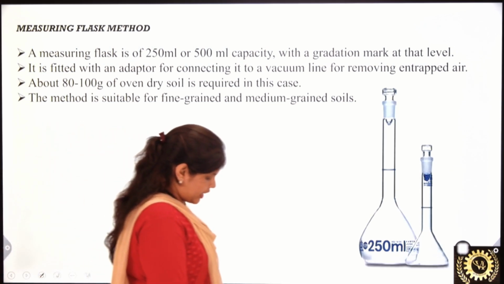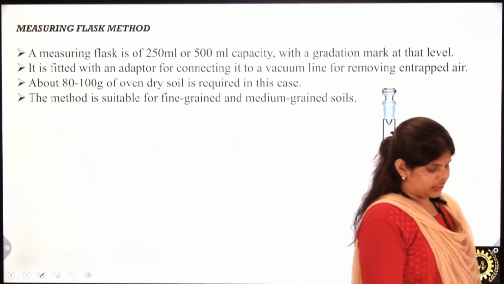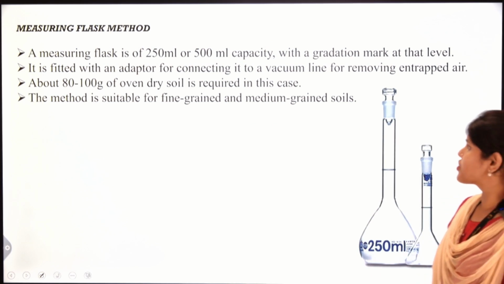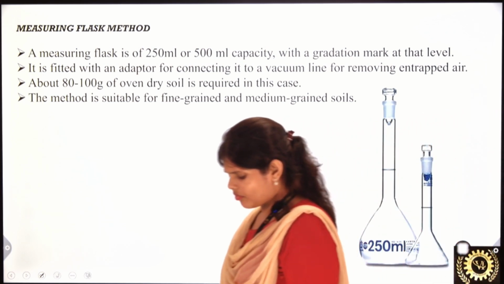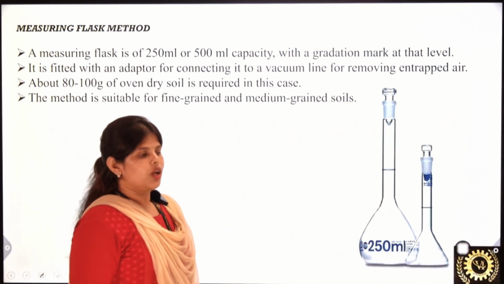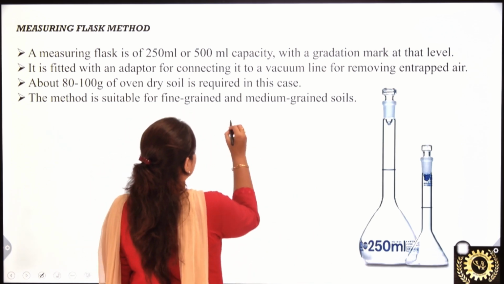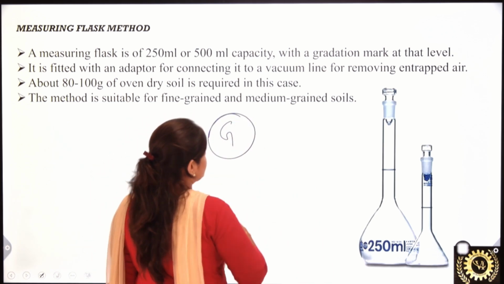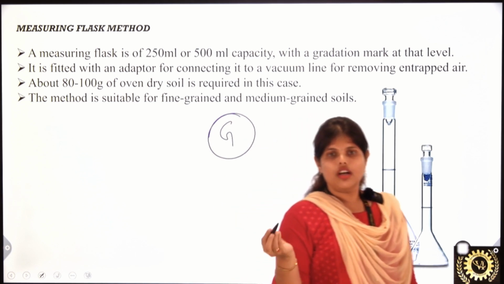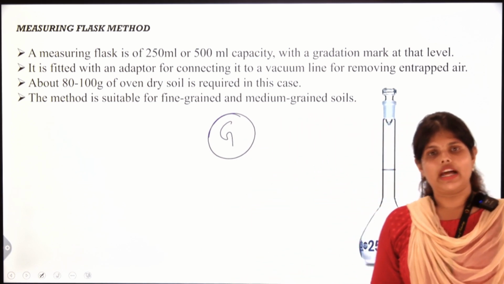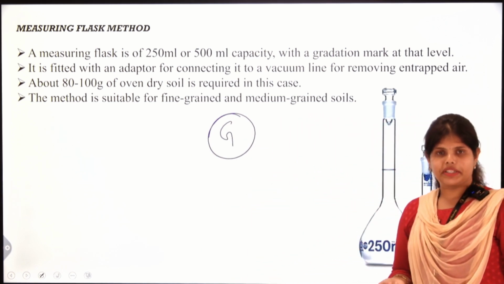Next, going to another method, the measuring flask method. In this method also we will calculate G. To calculate G, we need the mass of soil and the mass of water.